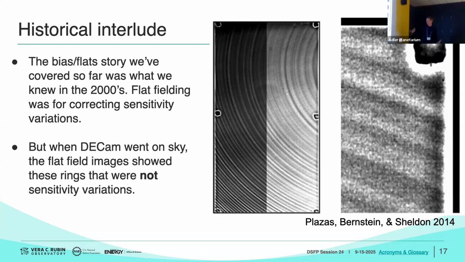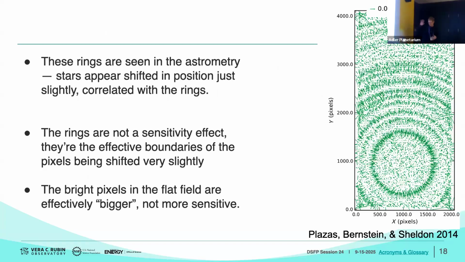Quantum efficiency variations, what we think of as the effectiveness of silicon in converting photons into electrons. So this was weird, and fortunately the DECam folks figured this out.